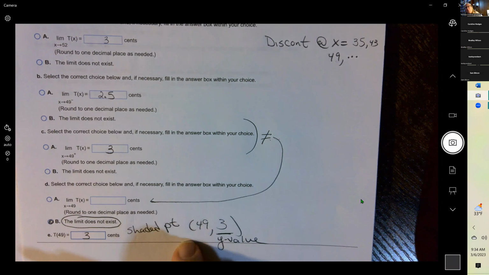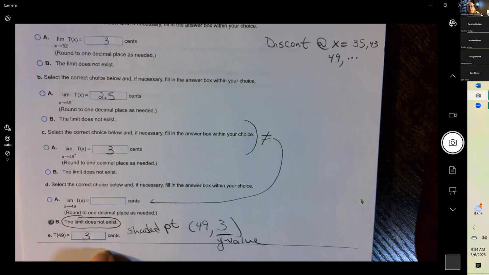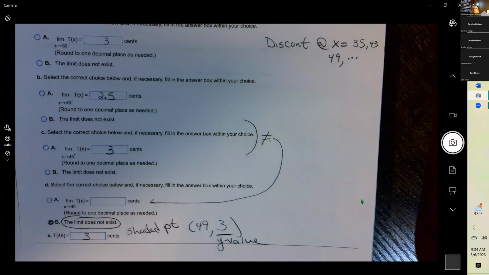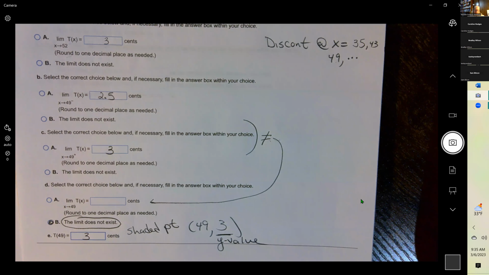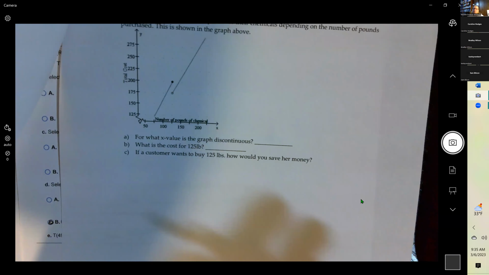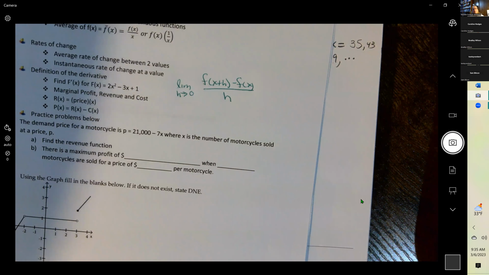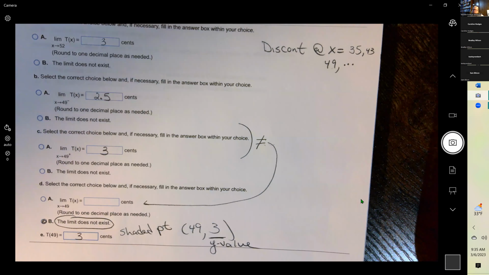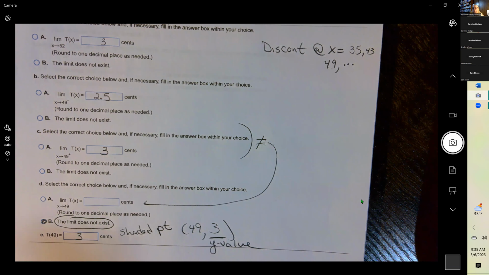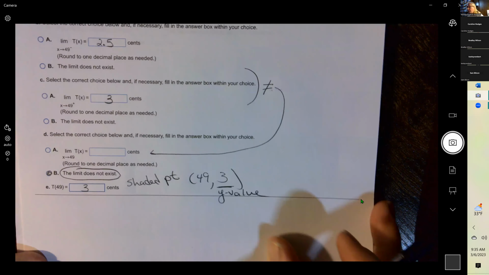So the shaded in point is at 49.3. So it's 3 cents. Any questions on that? I have another one that we'll do on the outline. Actually, there's a couple so that we can practice. Any questions on that one?